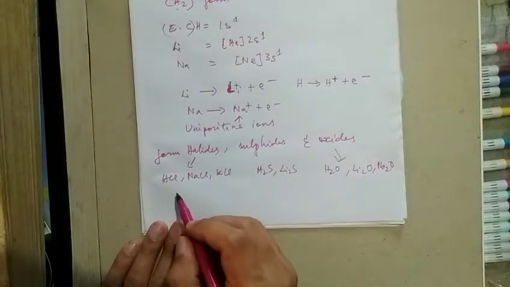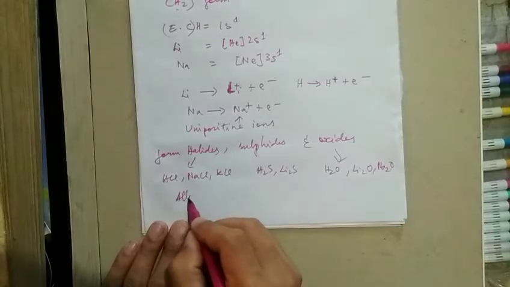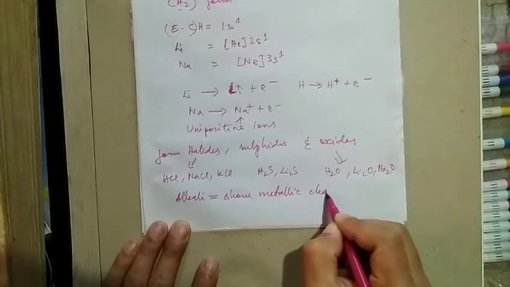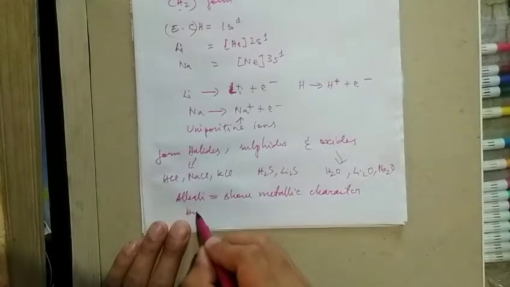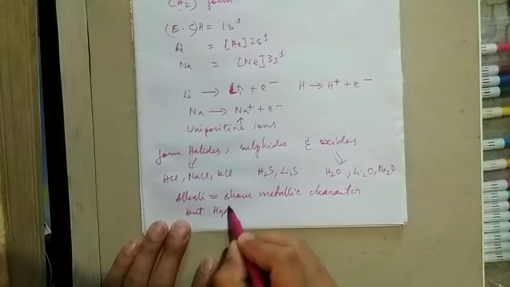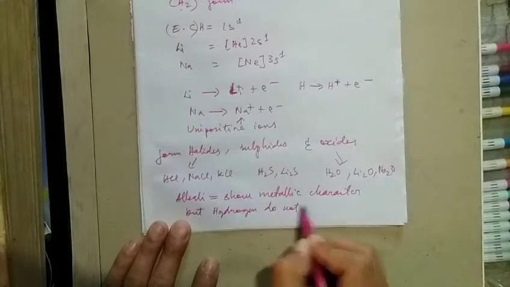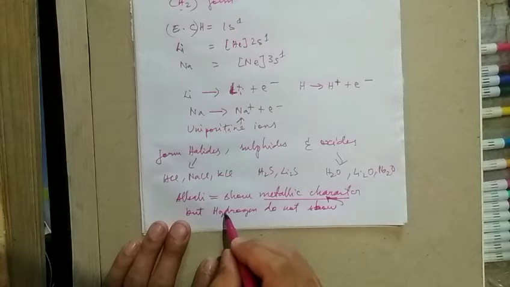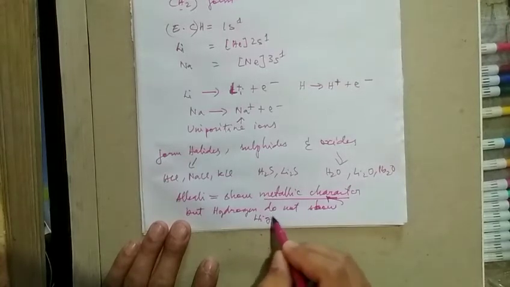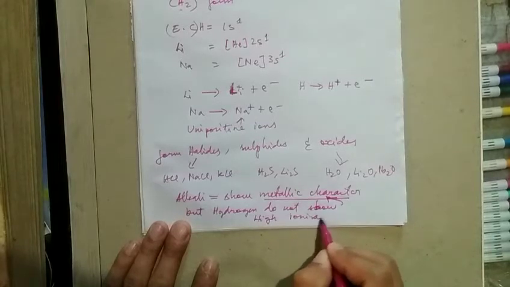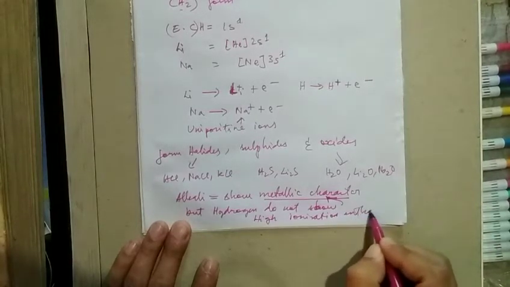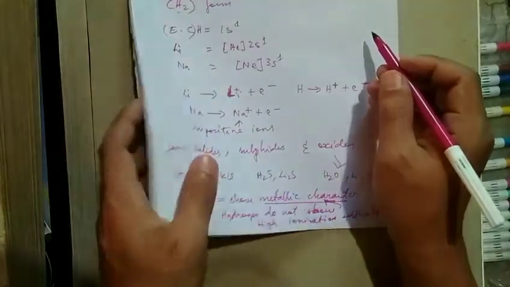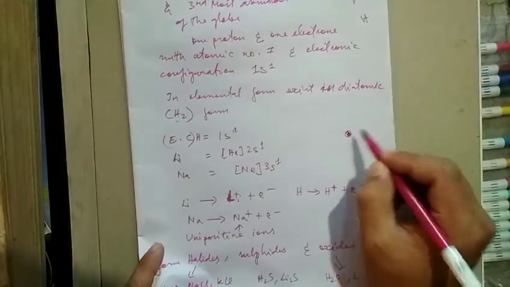Alkali metals show metallic character, but hydrogen does not show metallic character, and hydrogen has high ionization enthalpy compared to alkali metals. Suppose this is the nucleus and this is the electron.